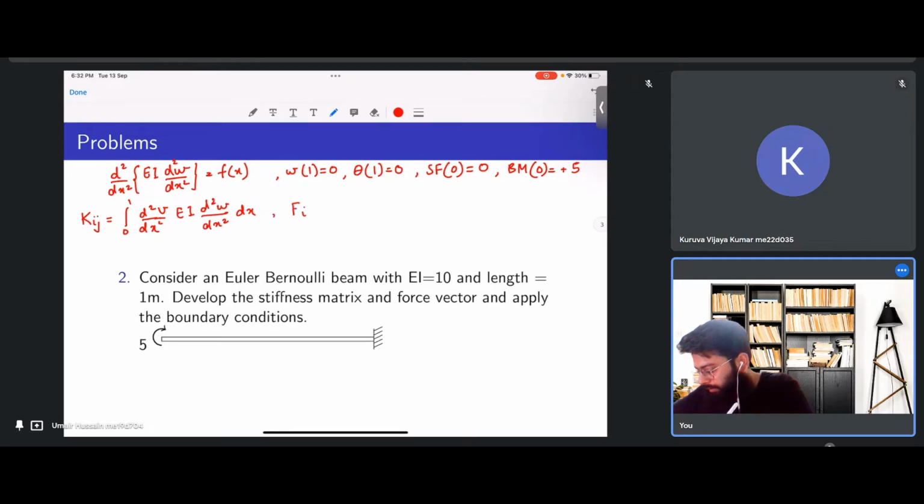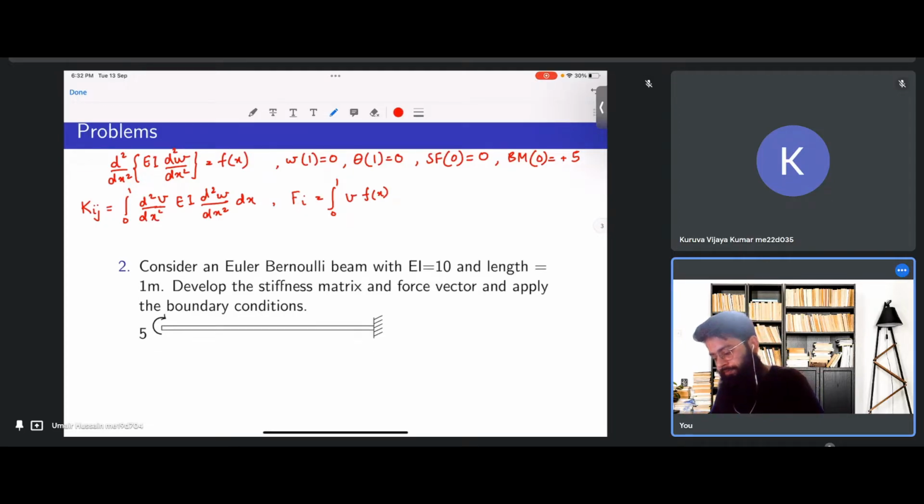Similarly, fi is given as v times fx. Since we know that for the Euler-Bernoulli problem we use the Hermitian shape function, we get 4 different shape functions corresponding to the displacement value at the nodes and the slope value at the nodes.